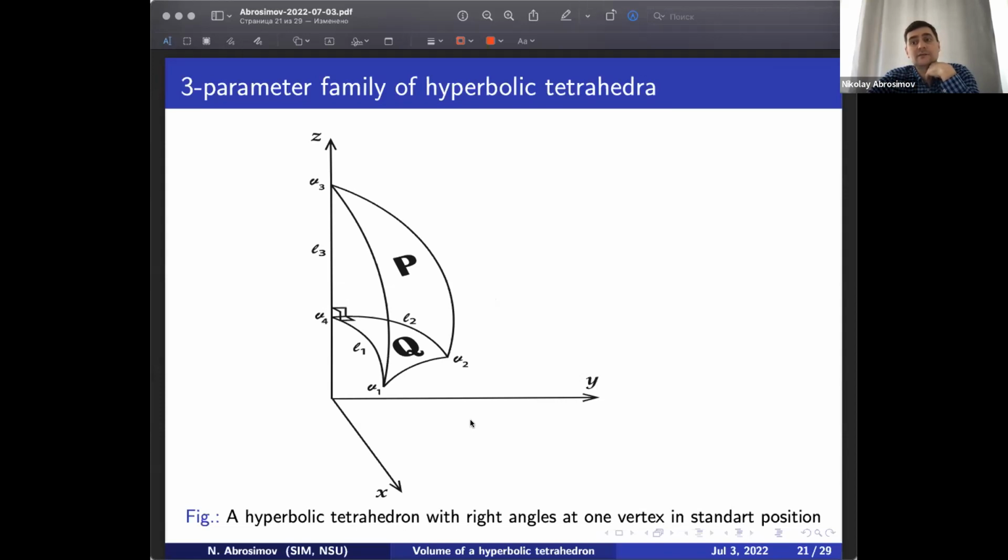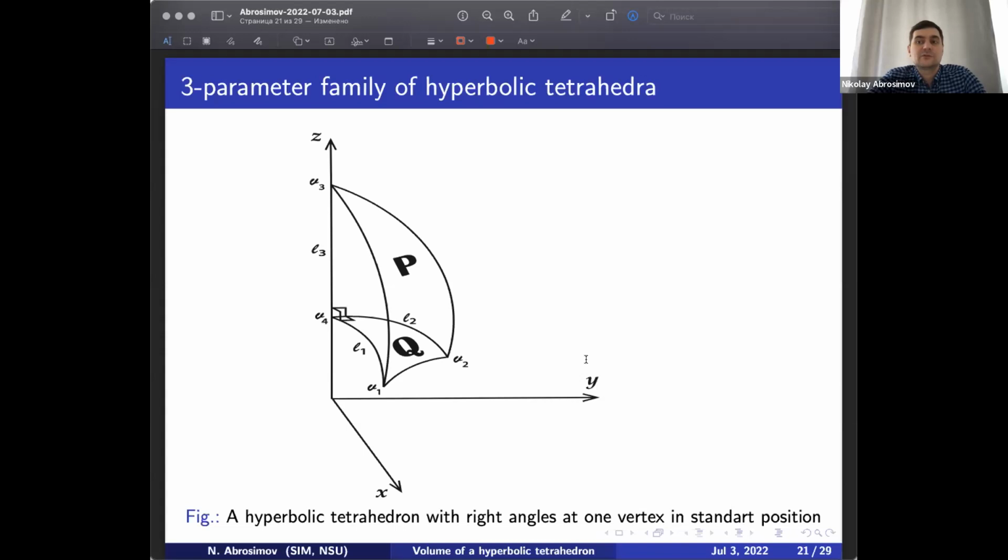And it is convenient to determine this hyperbolic tetrahedron in terms of the lengths of these three pairwise orthogonal edges. So we denote the lengths L1, L2, and L3.